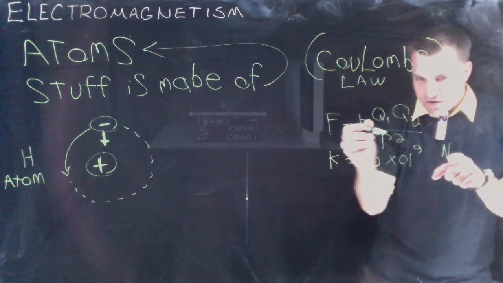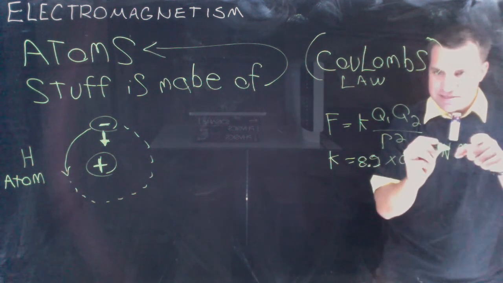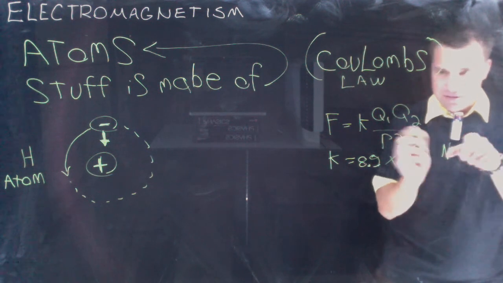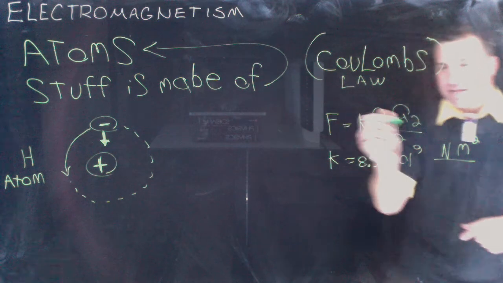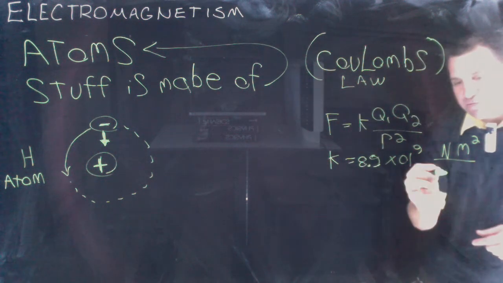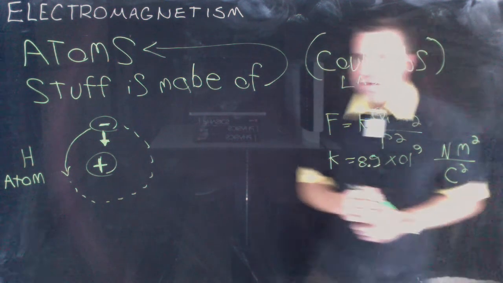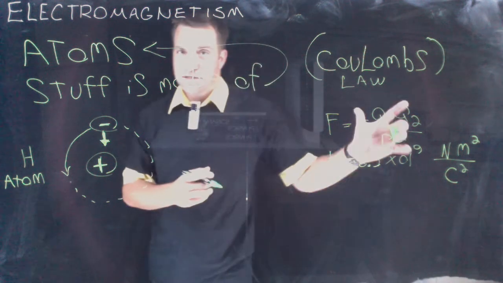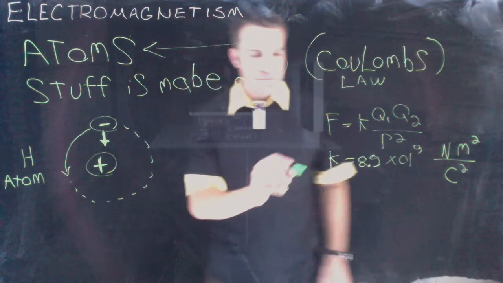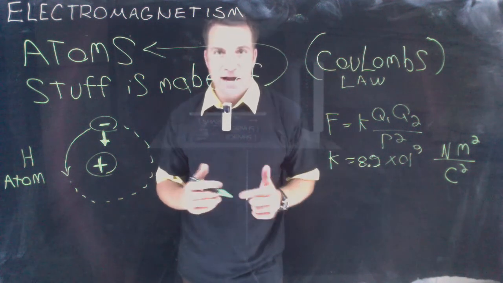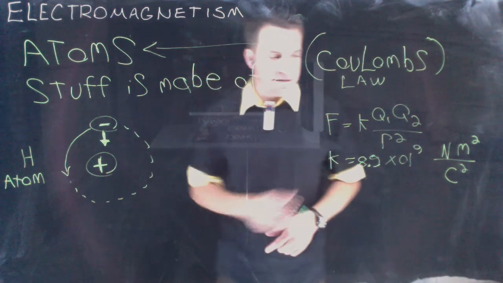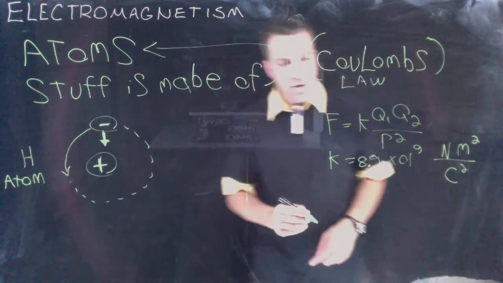I got an R squared on the bottom, so that's going to be a distance, meters squared up at the top. And then I have Q1 and Q2, which, if the charge is in coulombs, there must be coulombs squared on the bottom. Okay? And this is Coulomb's constant here. There are other digits you could add. It's like 8.98. But we often just say it's 9 times 10 to the 9th. Okay? What about Q1?